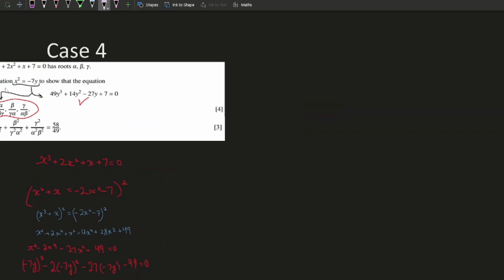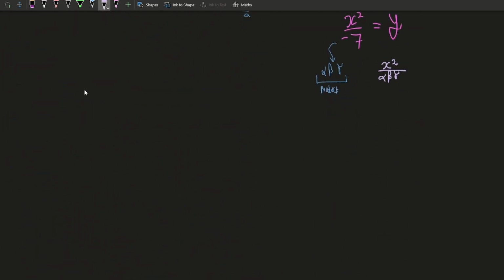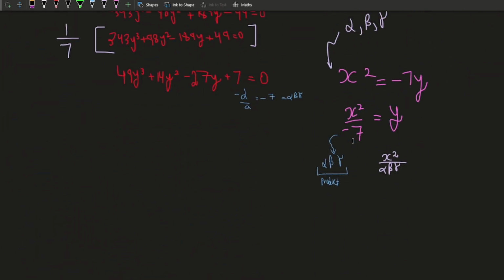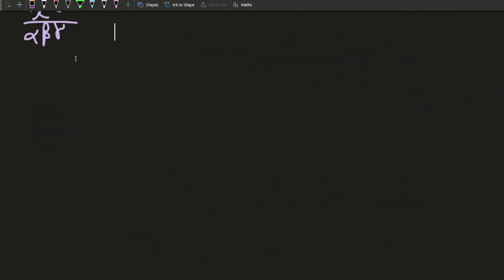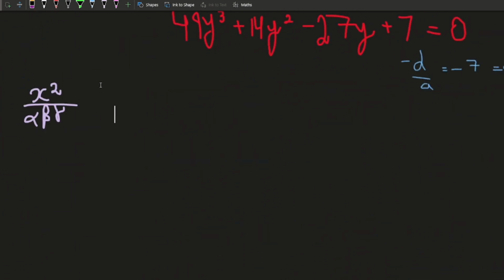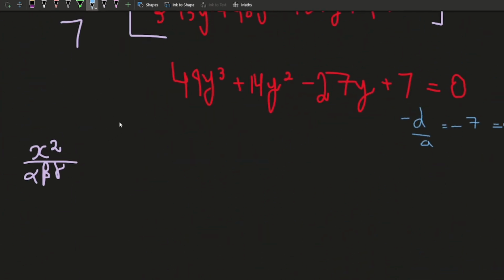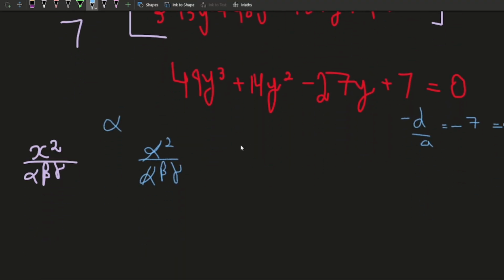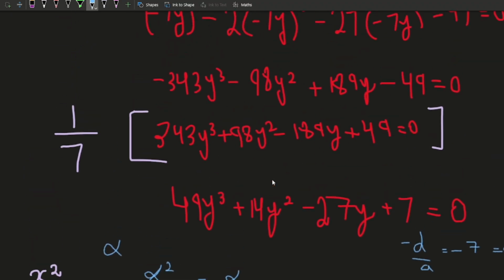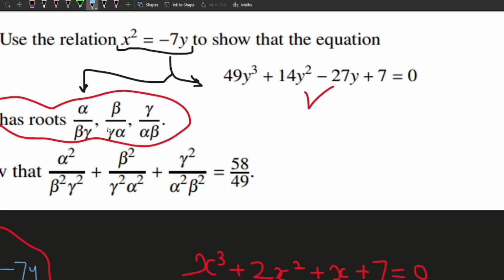Now we have to show that these are the roots. Okay, how can you show this? So let me first copy and paste this. We have to show using this that these are the roots. So we will plug in alpha first. This will be alpha square and this will be alpha, beta, gamma. Alpha and alpha cancels out and we are left with alpha, beta, gamma. Do we have this? Yeah, we do.